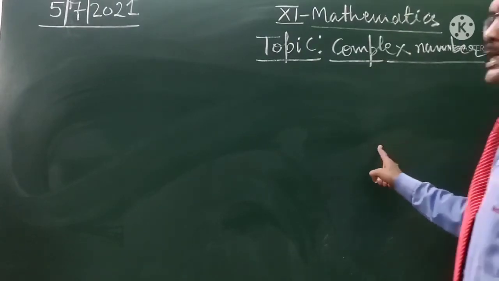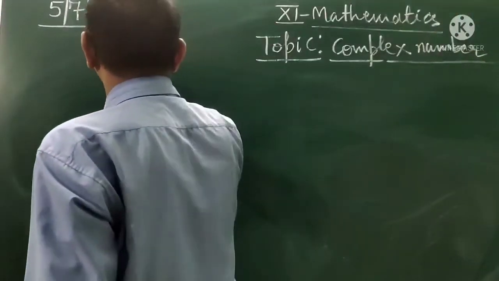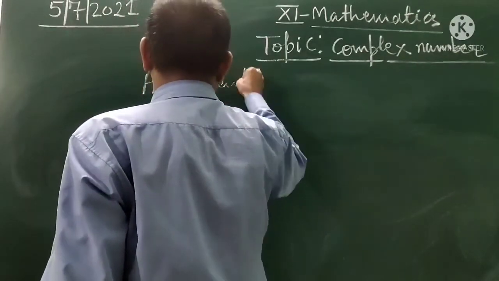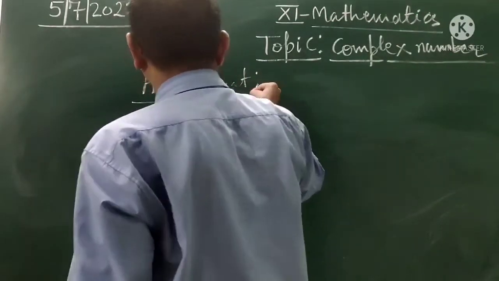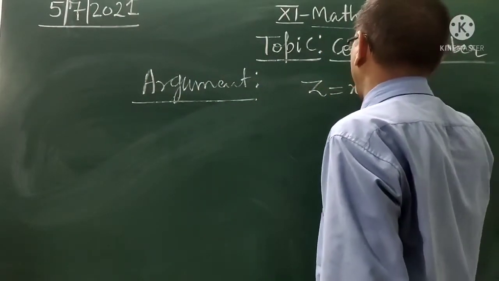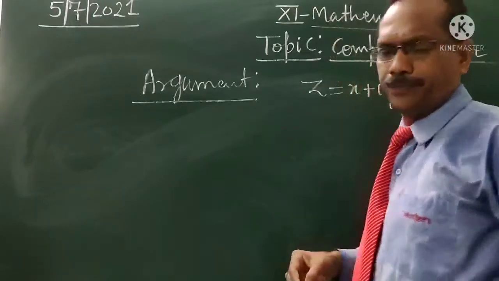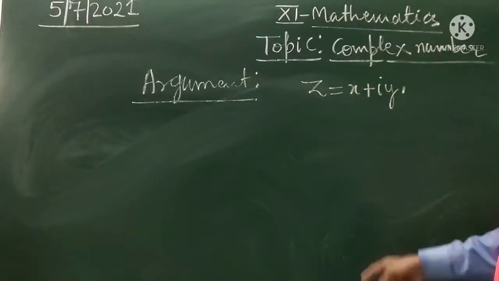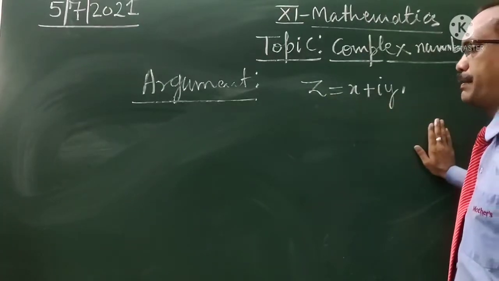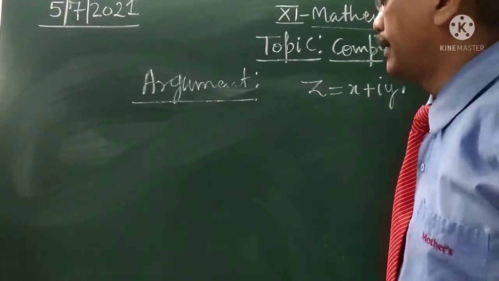Dear student, next is argument. As you know, complex number z equal to x plus iota y. x is the real part of the complex number z and y is the imaginary part of z.